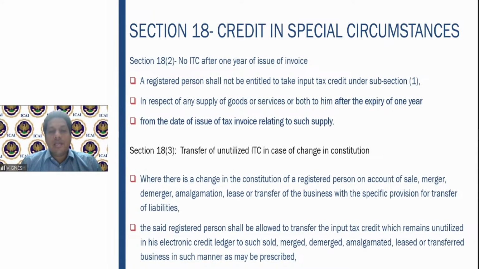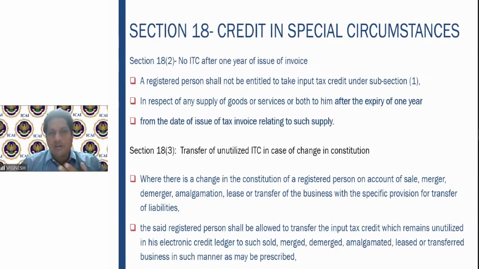That means any supply of goods or services is there, you cannot take the input tax credit after the expiry of 1 year from the date of issue of tax invoice relating to such supply. So there is a time limit given here. That is, if 1 year has elapsed from the date of tax invoice, you cannot claim the input tax credit.